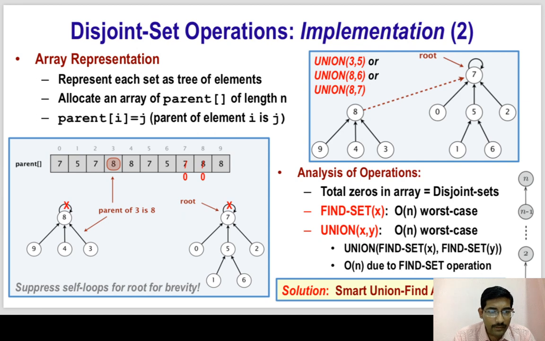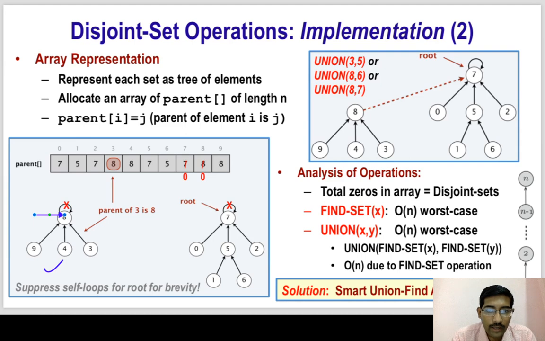For example, if you look at this tree, it says that I have a 4 element disjoint set 8, 9, 4 and 3, and the representative of the set is 8. So this is the representative of the set.